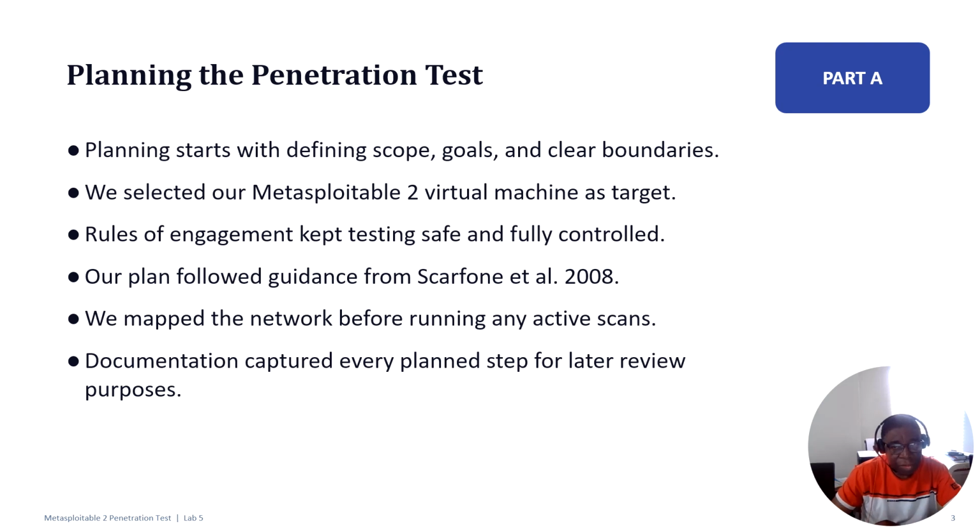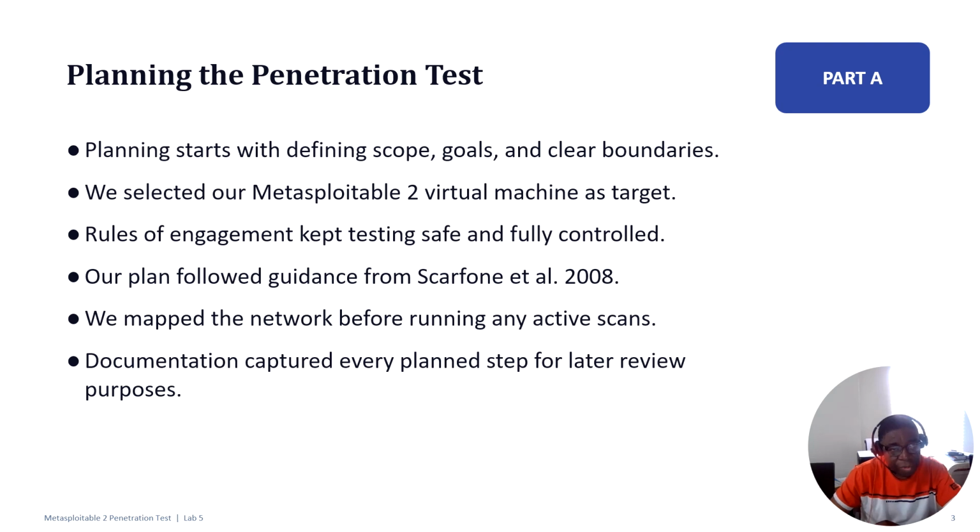Before touching any tools, I started by defining the scope of this test, which was my Metasploitable 2 VM. I set clear boundaries so I wouldn't accidentally test anything outside that target. I established rules of engagement to keep the test safe and controlled the entire time.